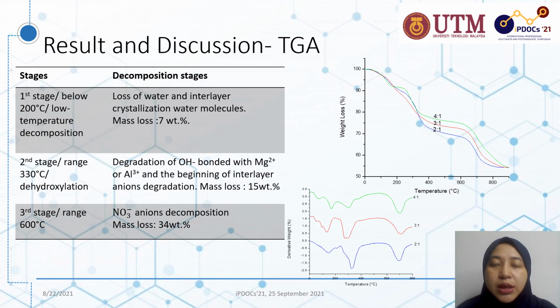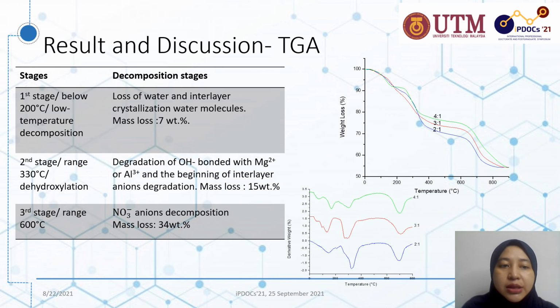TGA shows that the structure is a typical hydroxide structure. At the first stage, we name it low temperature decomposition. We have loss of water and interlayer crystallization water. It is agreed that below 200 is a loss of water.